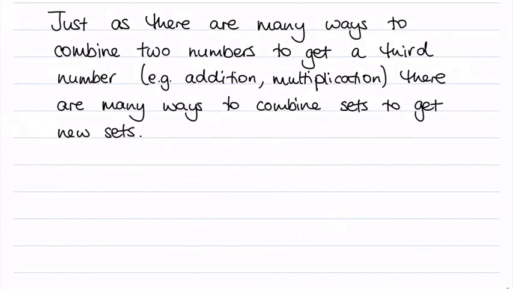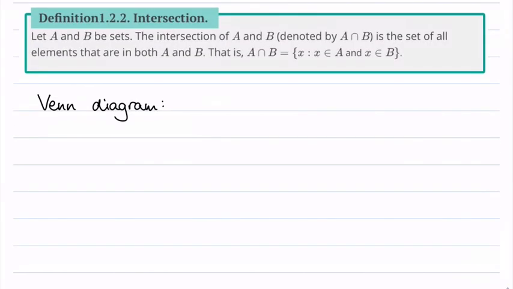Now, there are lots and lots of ways of combining two numbers to get a third number. For example, we can add the two numbers, we can multiply, and so on. And in fact, it turns out that there are many ways of combining sets to get new sets. We're going to look at several of those now. So one idea is to think about what happens when we have two sets, and we want to find any elements that are in both of the sets.